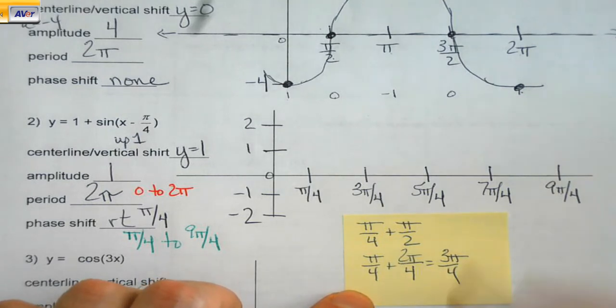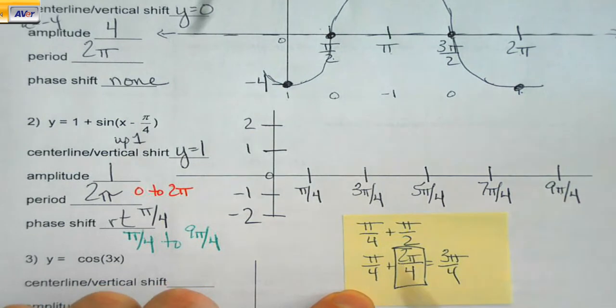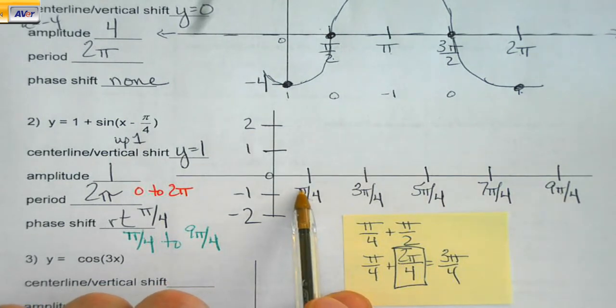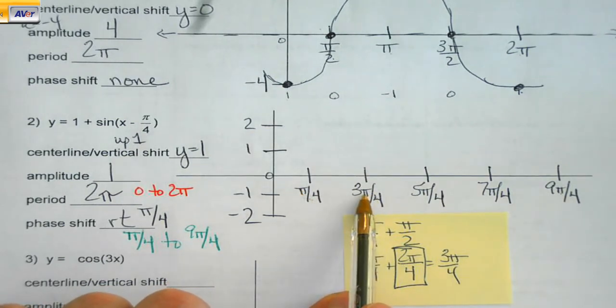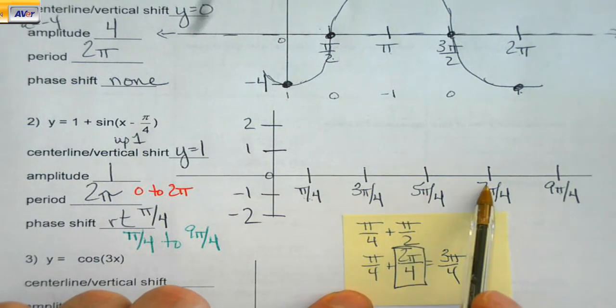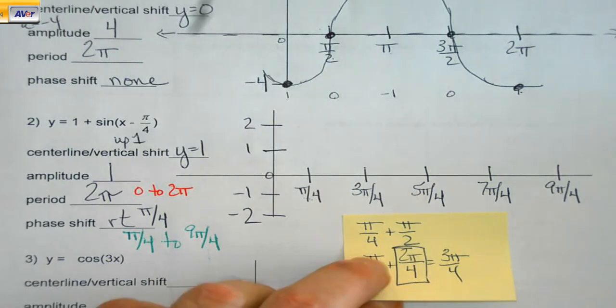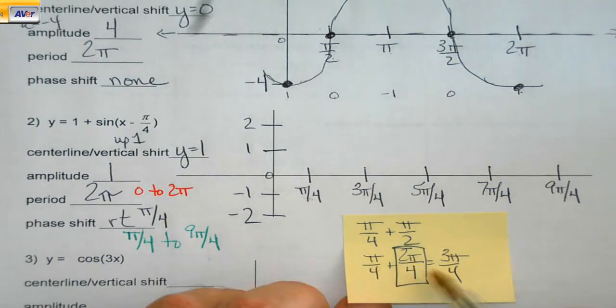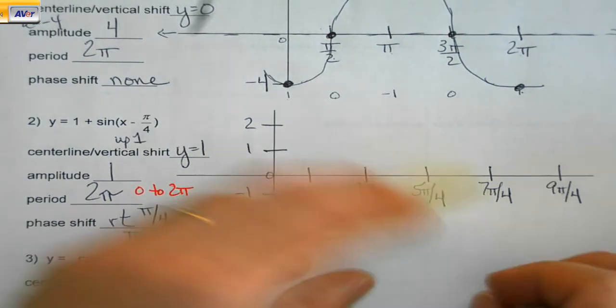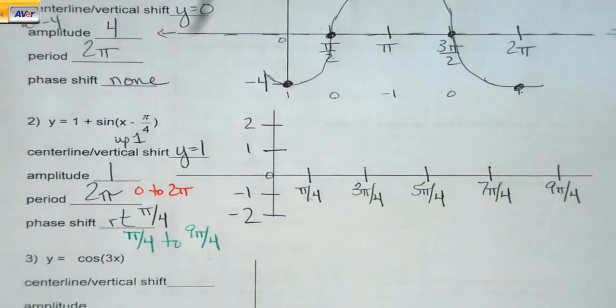So that's the magic pattern. Pi over 4, now add 2 pi over 4 to it. 3 pi over 4. Add another 2 pi. 5 pi over 4. 7 pi over 4. And I end where I know I'm supposed to. So either halvesies or with the pattern, both can get me those radian values that I need.